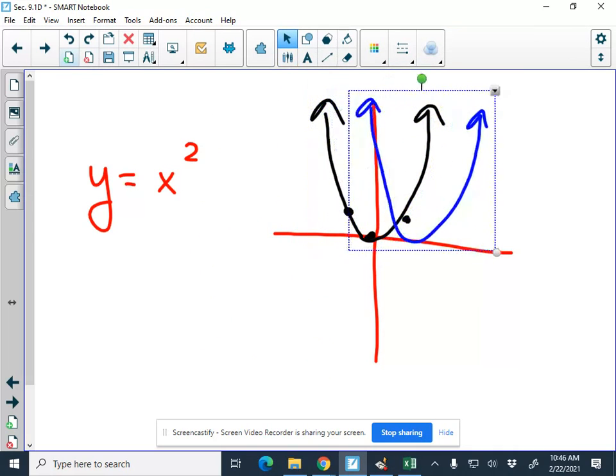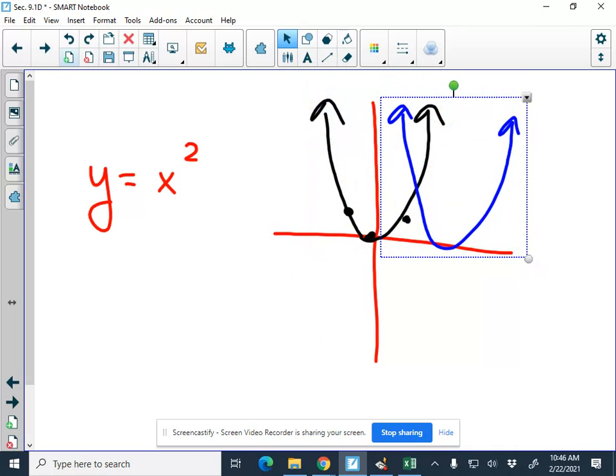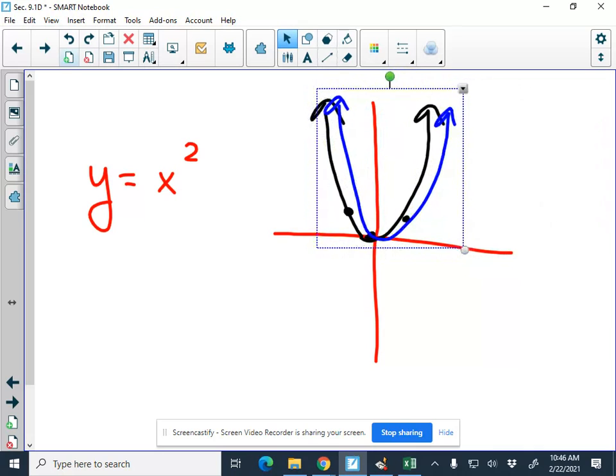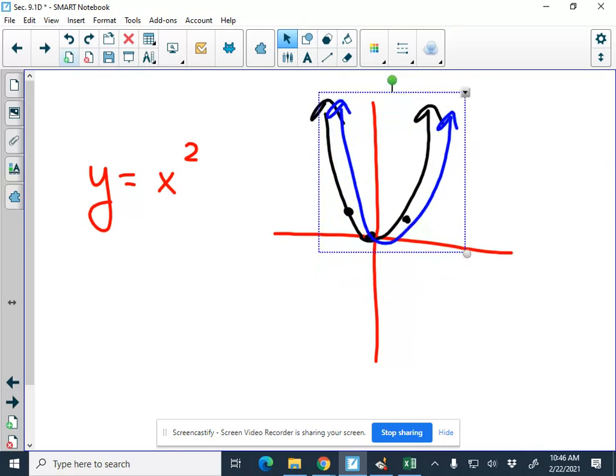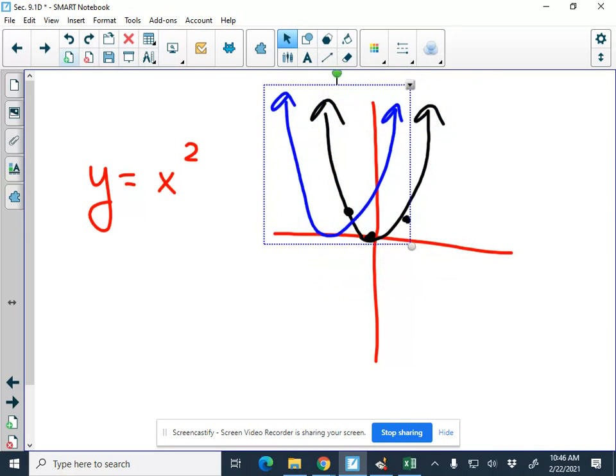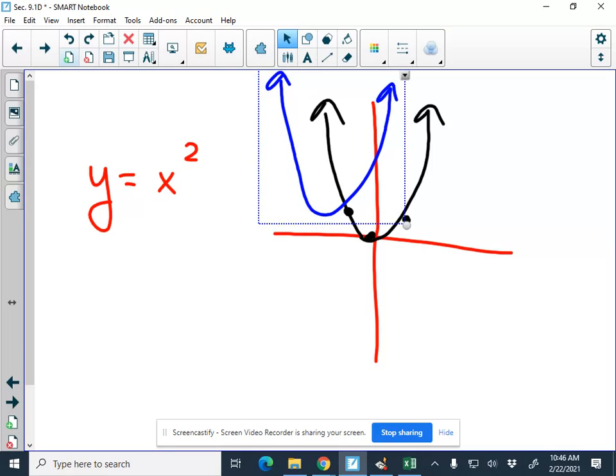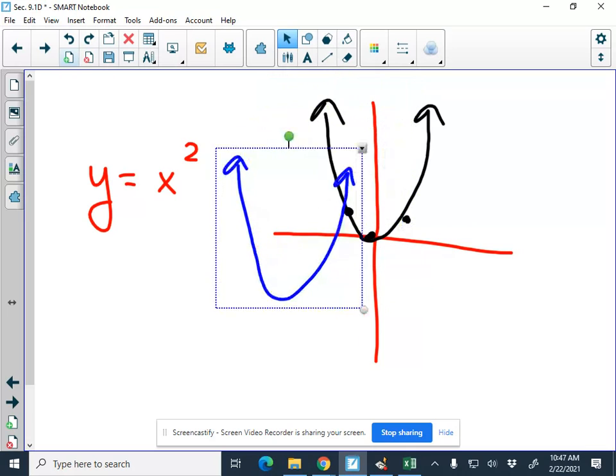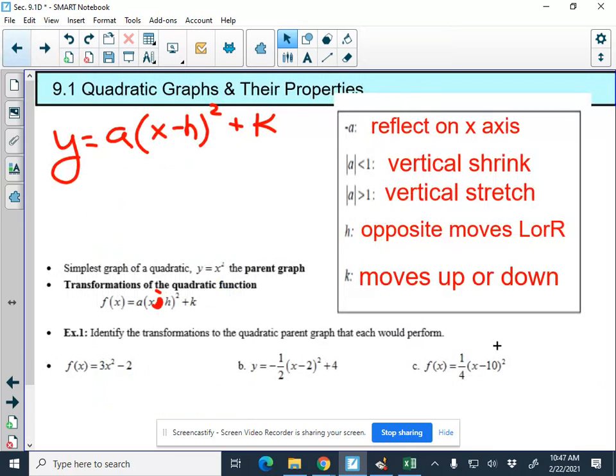Sometimes we might shift the graph 2 to the right. Sometimes we might shift it 2 down. Sometimes we might shift it 3 to the left and 1 up. And that's what the graph would look like. By looking at the equation, you should be able to tell what happens. And there's other things that can happen as well. So we're going to talk about those.